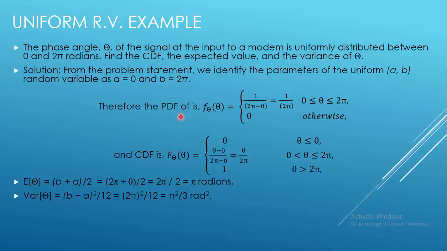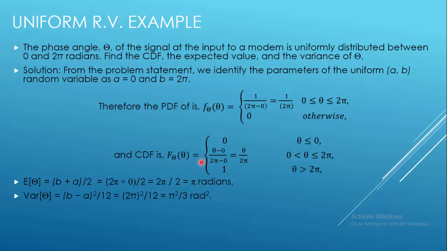So the PDF of f theta, this is capital theta, this is small theta, is equal to 1 over 2 pi minus 0, because it is 1 over b minus a, b is 2 pi, a is equal to 0, so it gives us 1 over 2 pi, and otherwise it is 0.